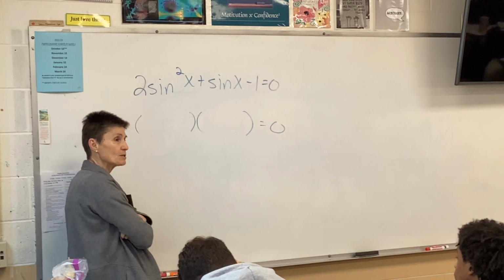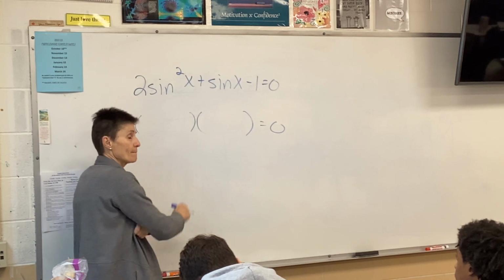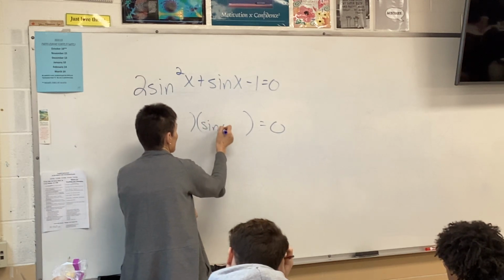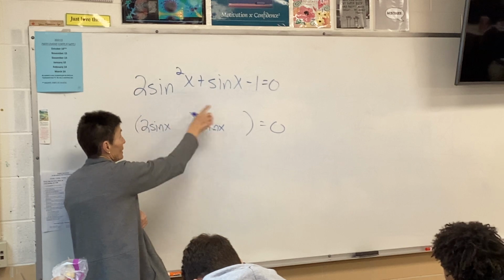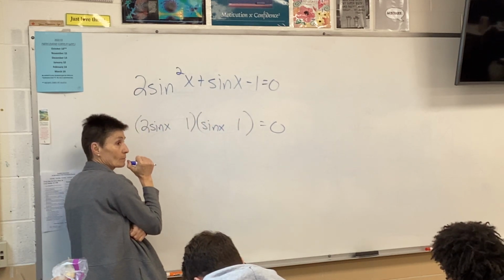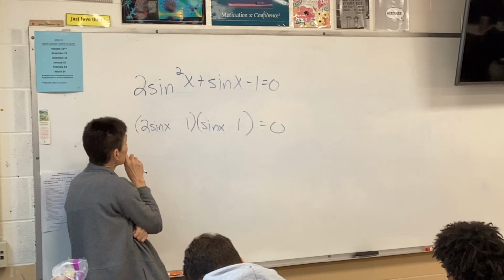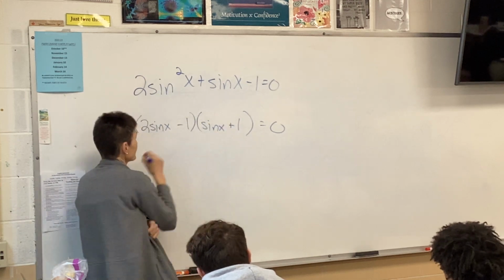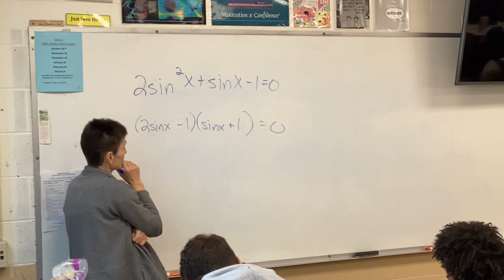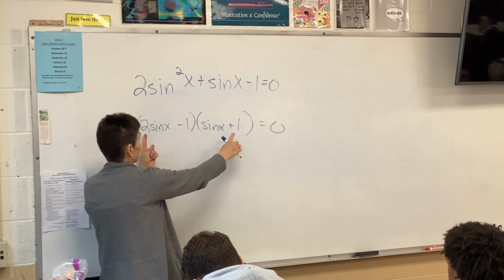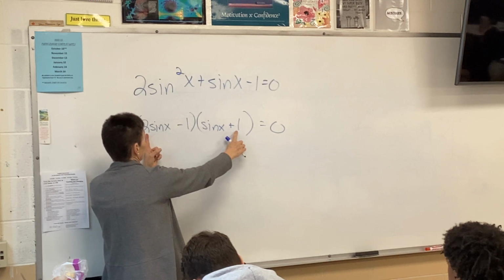Does anybody see how this one might factor? We'll need a 2 sine and a 1 sine for sure, right? And then we'll need a 1 and a 1. I need a plus and a minus. Maybe plus here and minus here.